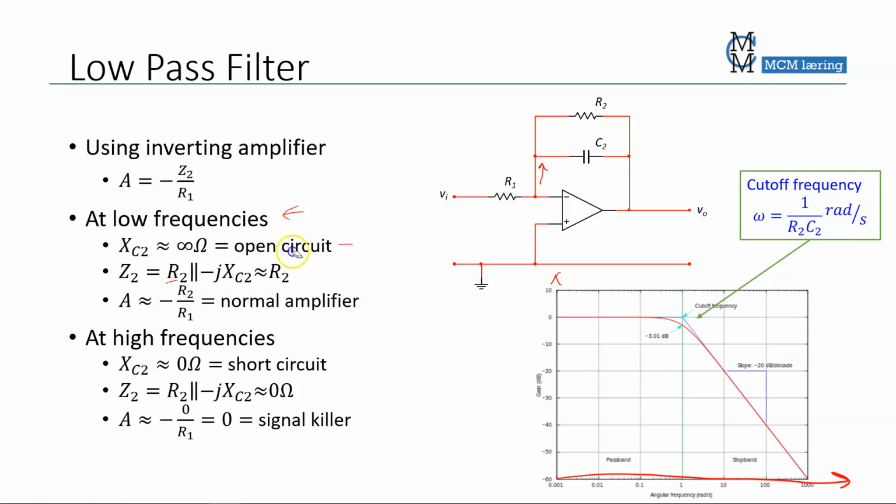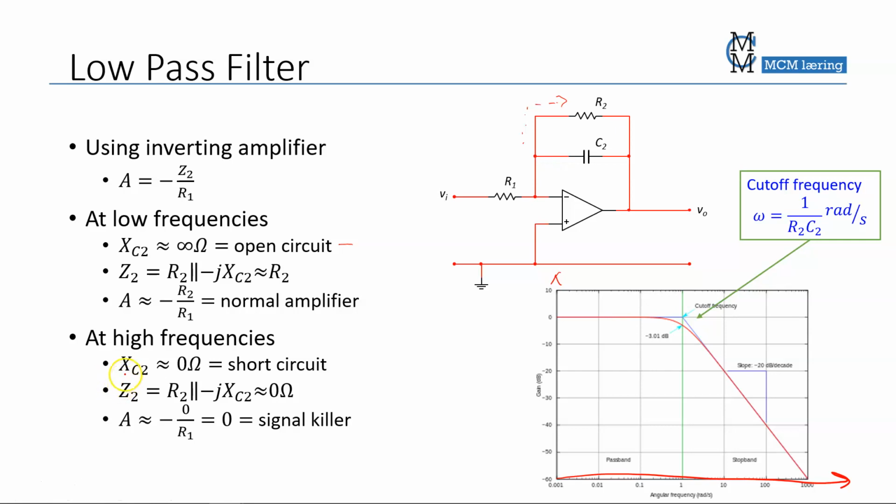So for low frequencies, the amplification is as for the normal inverting amplifier. For high frequencies, on the other hand, the capacitor becomes a short circuit more or less. So the current that comes up here will all go through C2 and nothing through R2, because C2 becomes a short circuit.